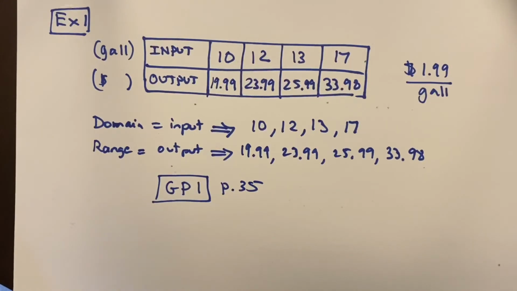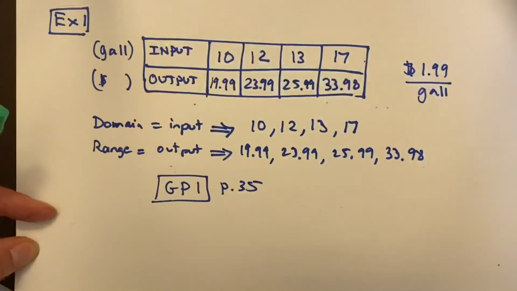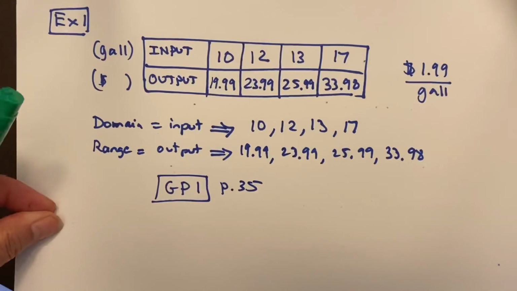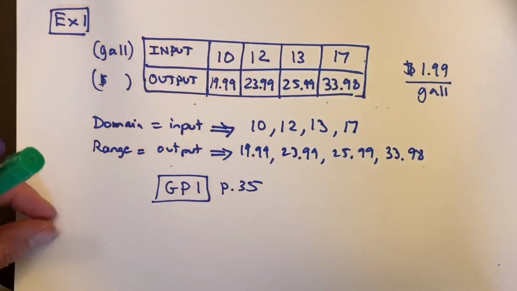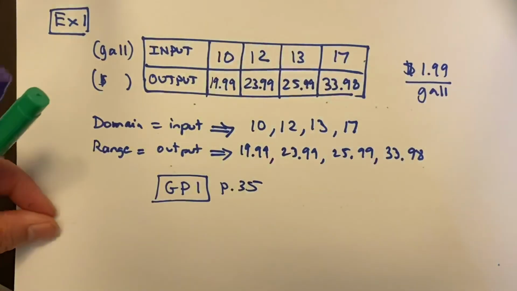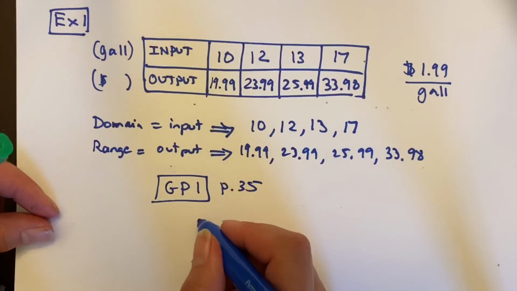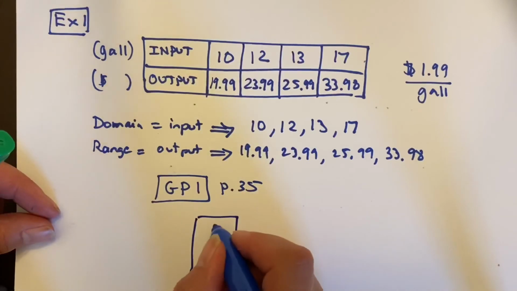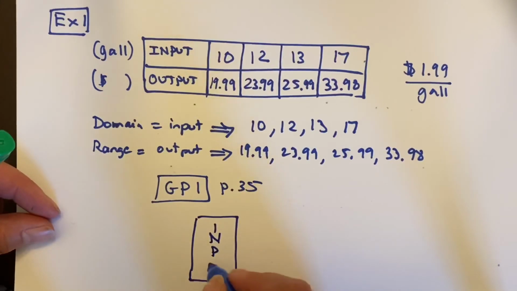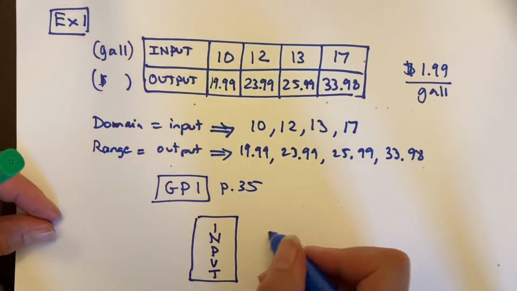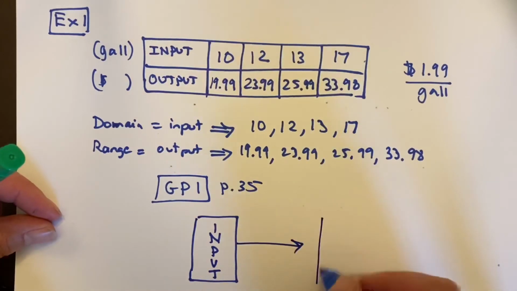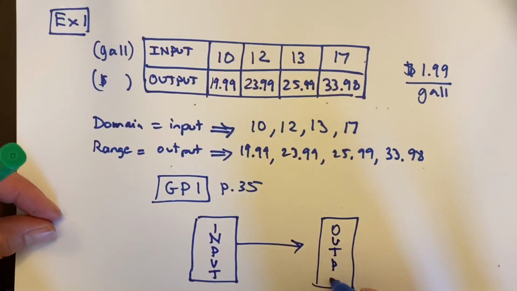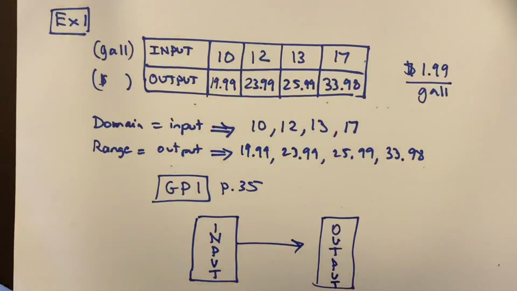Okay, now let's look at a mapping diagram. For that mapping diagram, I will go on to the next page. A mapping diagram, essentially, puts the inputs on one side and the outputs on the other.